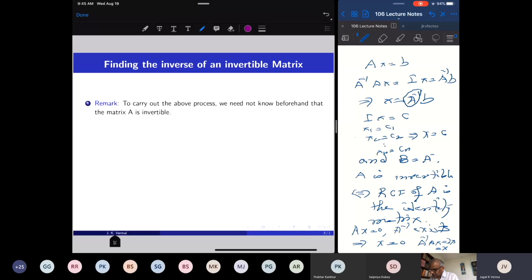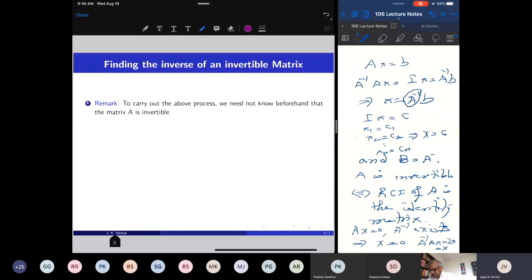So to carry out the above process, we need not know beforehand that the matrix is invertible. We showed last time that if I am given an n by n matrix, to test whether it is invertible, we just try to find its row canonical form. And we proved that the matrix is invertible if and only if the row canonical form is the identity matrix. So we just set up the equations Ax1 equal to e1, Ax2 equal to e2, etc., and apply the Gauss-Jordan process.